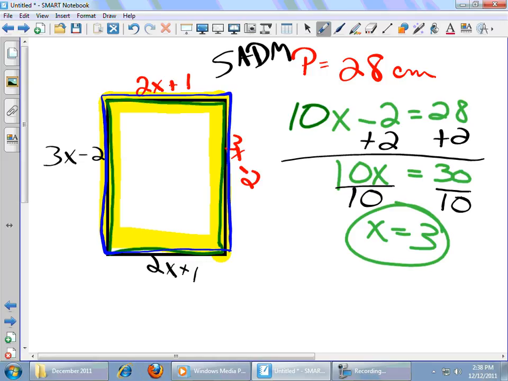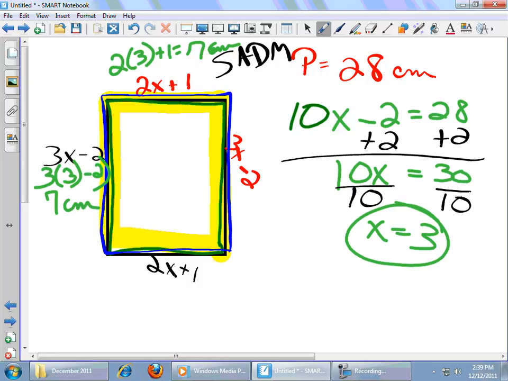So for example, this side will become 2 times 3 plus 1. Well, I think that'll be 7 centimeters. This side here will become 3 times 3 minus 2. Well, 3 times 3 is 9. 9 minus 2 is 7 centimeters.